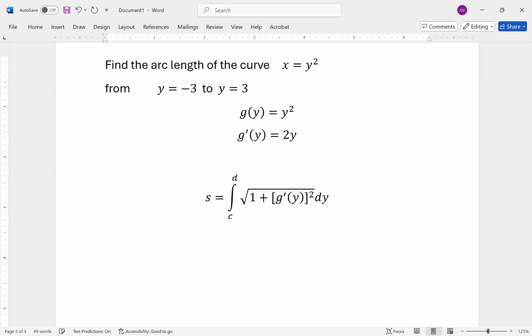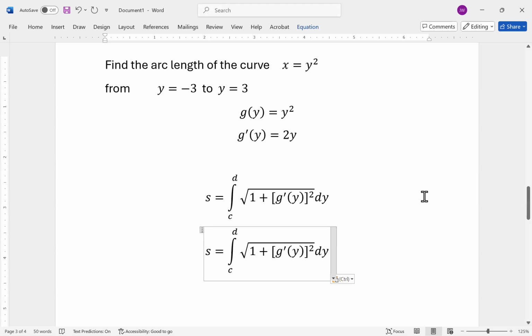So my arc length is going to become, we're going to integrate from -3 up to +3 the square root of 1 plus the quantity 2y squared with respect to y.